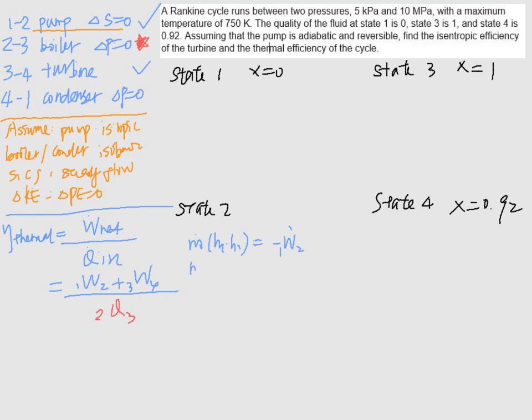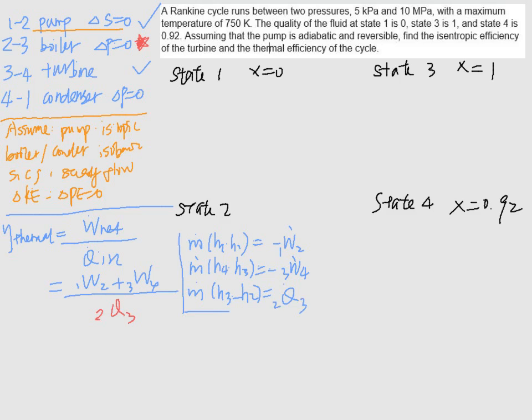Same thing for the work from 3 to 4: H4 minus H3 is equal to negative work from 3 to 4. Similarly, for the heat from 2 to 3, H3 minus H2 is equal to Q2 to 3.